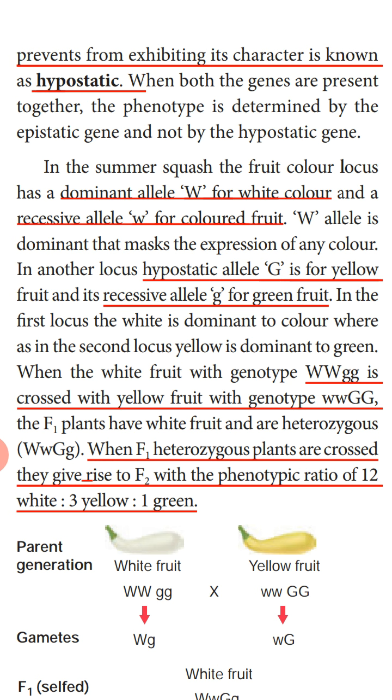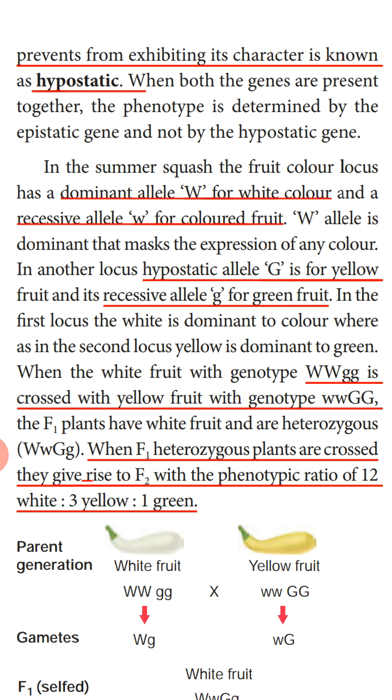Yellow fruit means there will be no capital W, instead it will have small w, and since it is a yellow fruit, the allele will be capital G. So the genotype of the parent plants taken for the cross is capital W, small g, which is a white fruit plant, and another plant is a yellow fruit plant with the genotype small w, capital G.